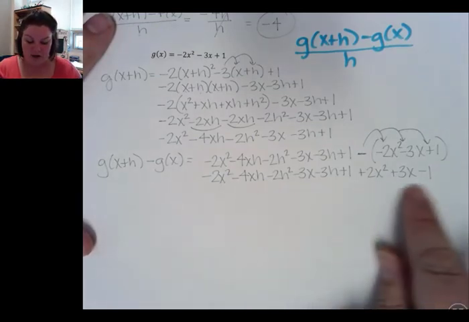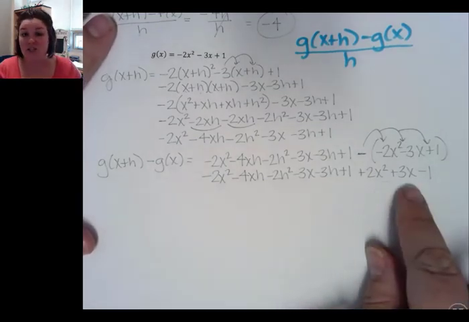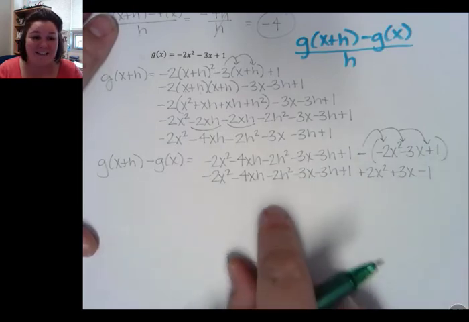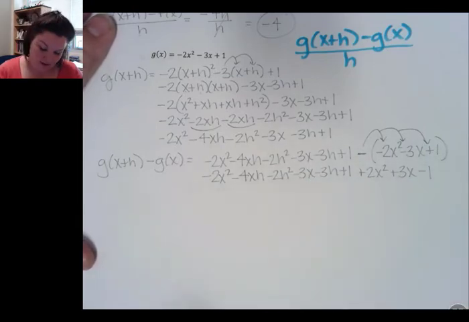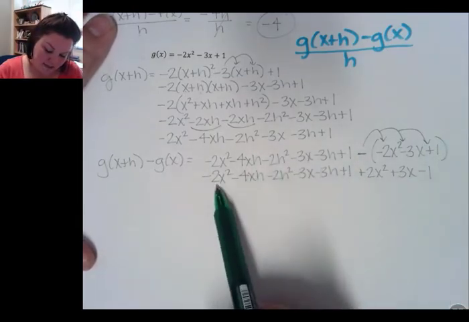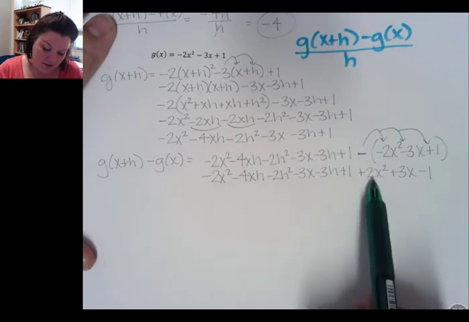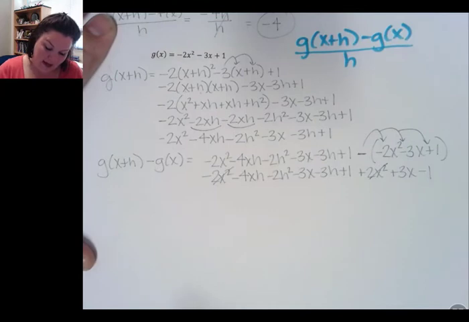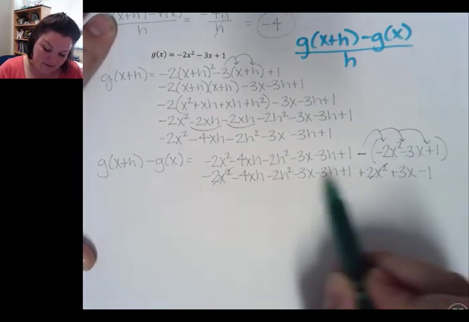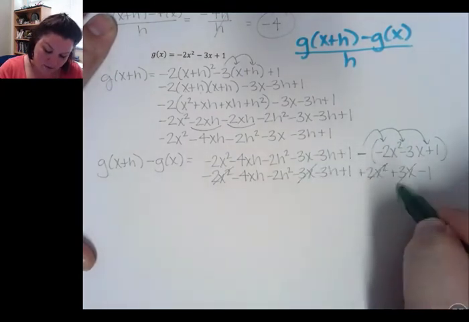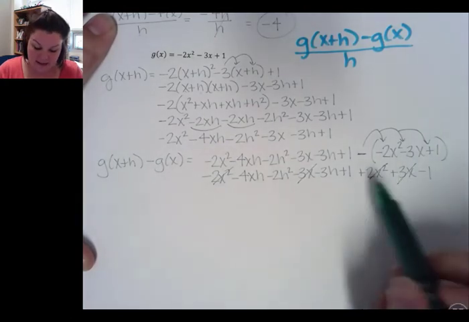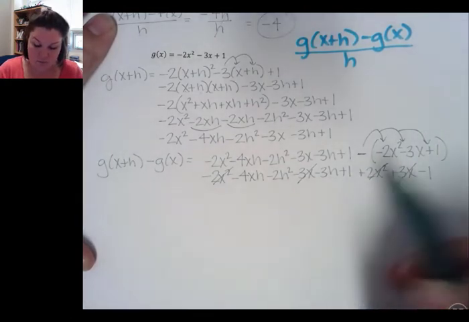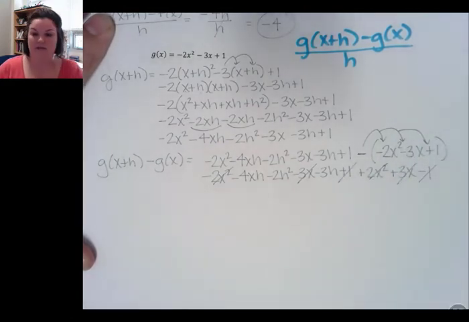So now that I've got it all written out, some things should start canceling. You should always have stuff cancel at this step. So I have a positive and negative 2x squared, so those will cancel. I have a positive and a negative 3x, so those should cancel. And I have a positive and a negative 1, so those should cancel.